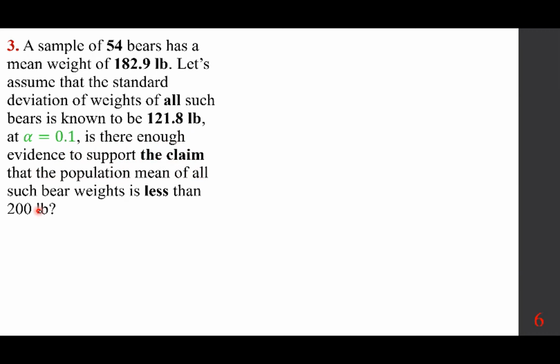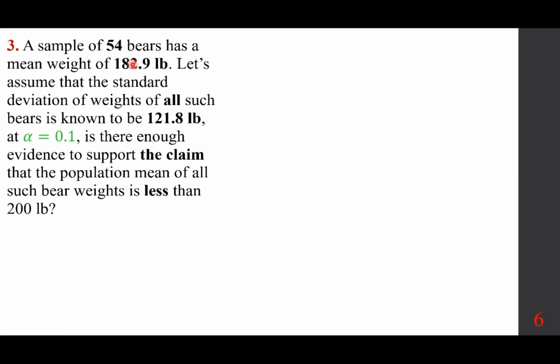So again, there are 4 steps. We're going to go through all those 4. Number 1, we are going to write the given. A sample of 54, n is 54, has a mean of 182.9 pounds. So this is the mean. This is X bar. Why is it? Because it goes back to those 54.